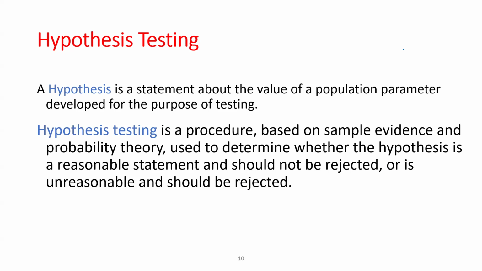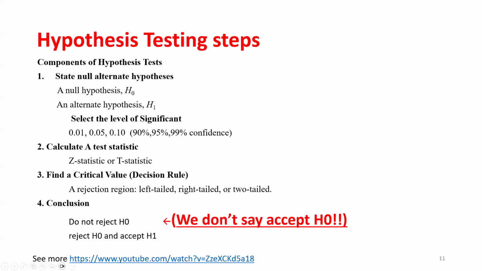Hypothesis testing is a procedure based on sample evidence and probability theory used to determine whether a hypothesis is a reasonable statement and should not be rejected, or unreasonable and should be rejected. I think I provide a video here, so maybe let's see the video first.